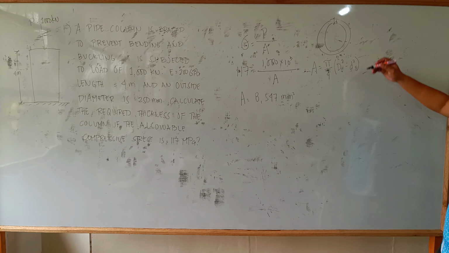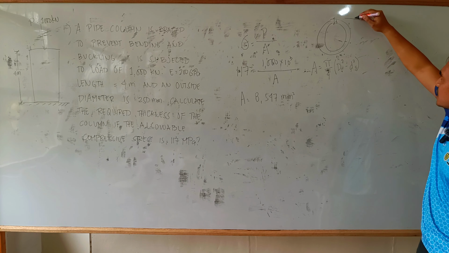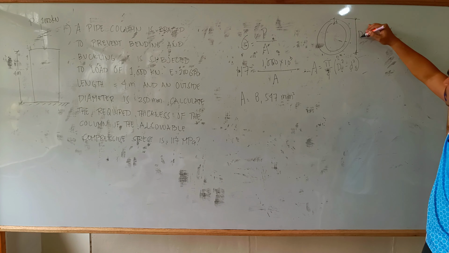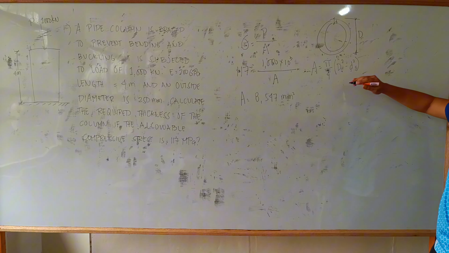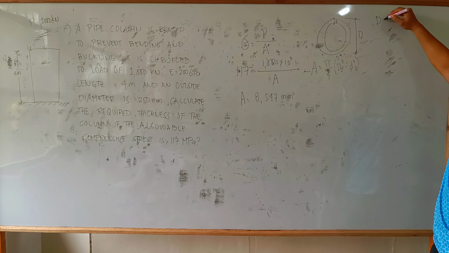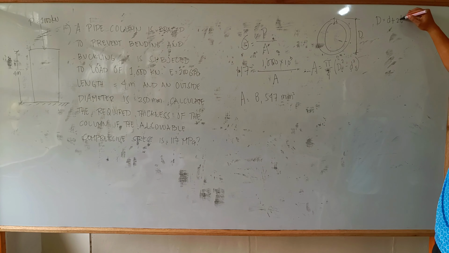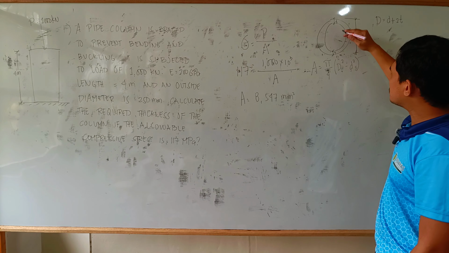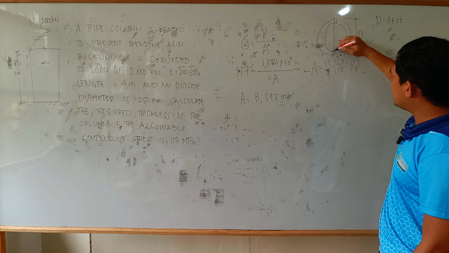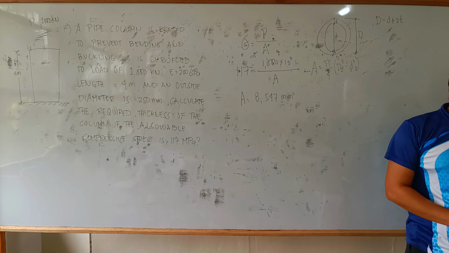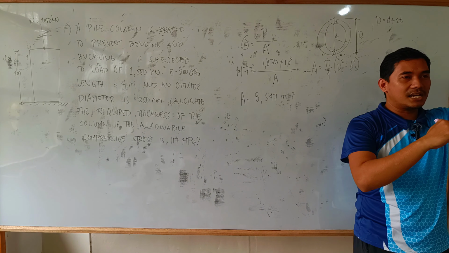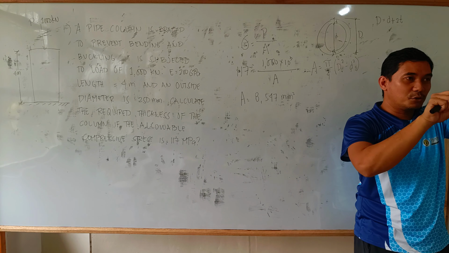Take note that the outer diameter is equal to the inner diameter plus two thicknesses. So the outer diameter is composed of the inner diameter plus the two thicknesses.